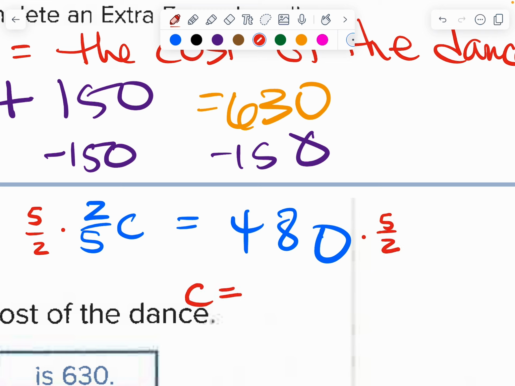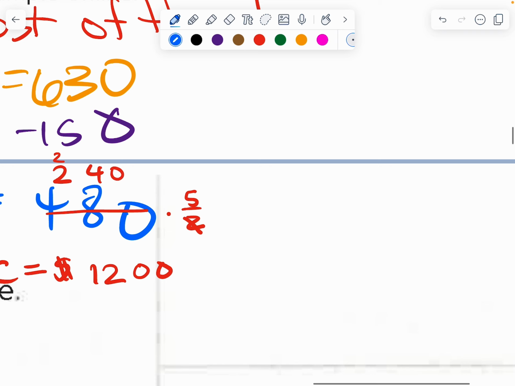And I get C equals, let's see, 2 goes into 40 twenty times, and then I multiply by 5, so that's 1,200. So it costs $1,200.